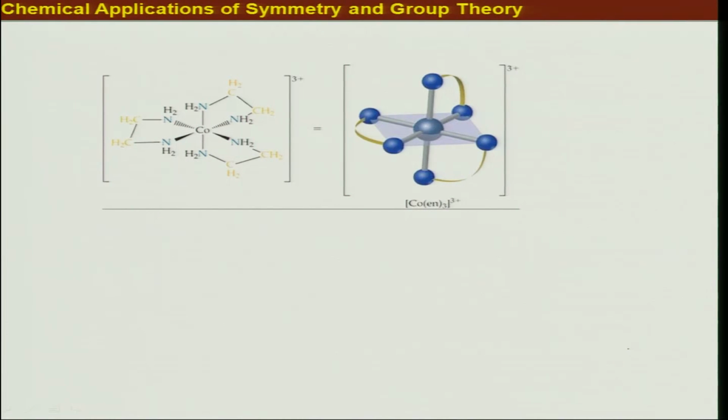It's an ethylene diamine complex, tris ethylene diamine cobalt 3 plus. You can ignore the charge. There are 3 ethylene diamine, which are bidentate ligands, and all are similar type of ligands.